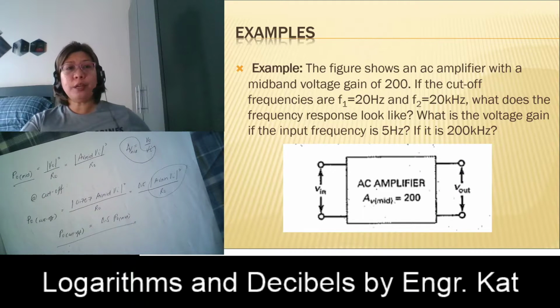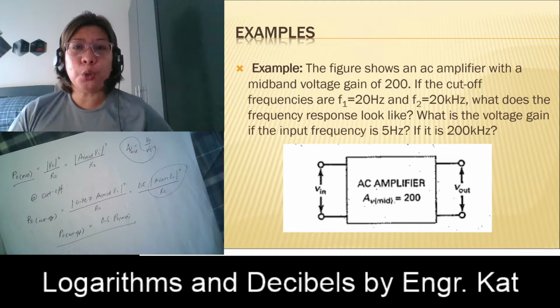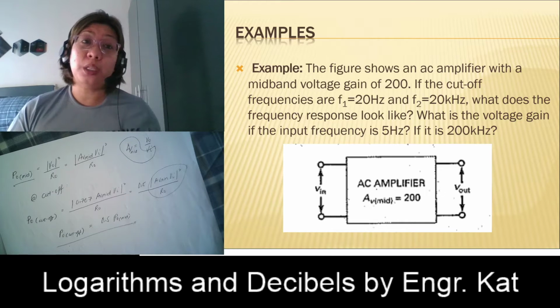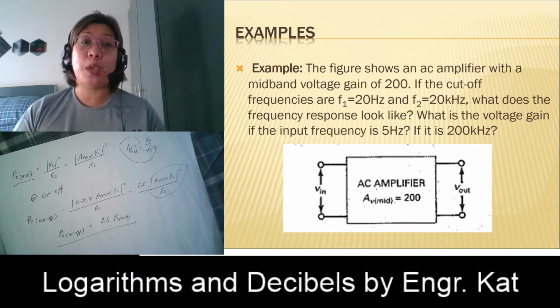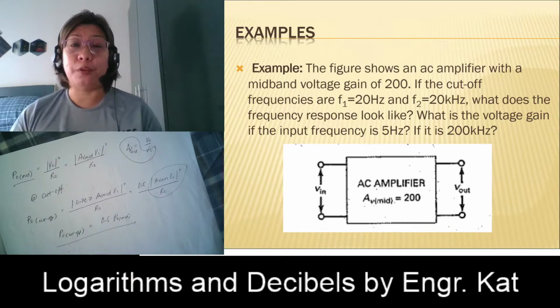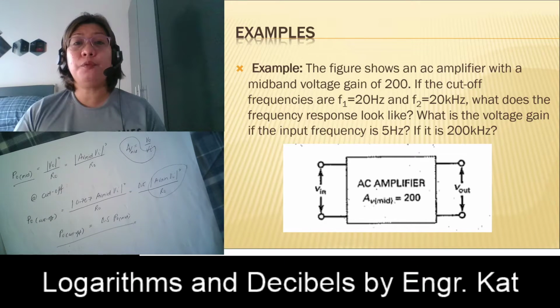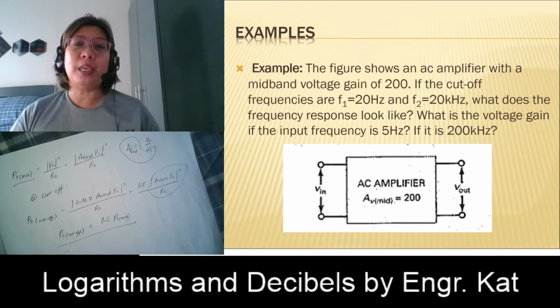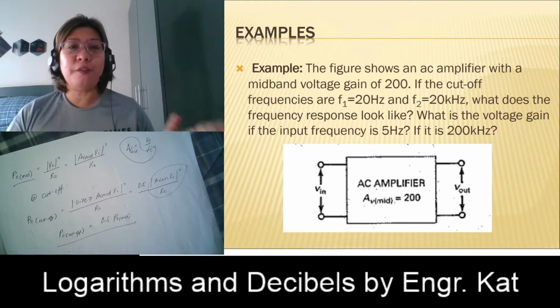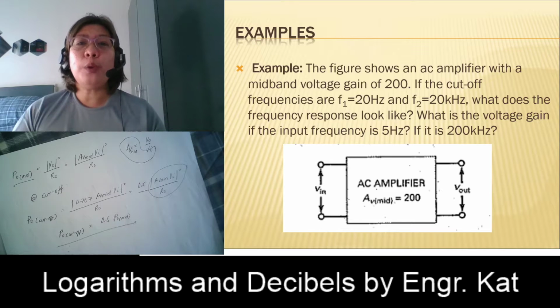So we have here an example. The figure shows an AC amplifier. Since we have an AC amplifier, we have a lower cutoff and an upper cutoff frequency, with a mid-band voltage gain of 200. As long as your frequency is within F1 and F2, we are said to experience a voltage gain equivalent to 200.